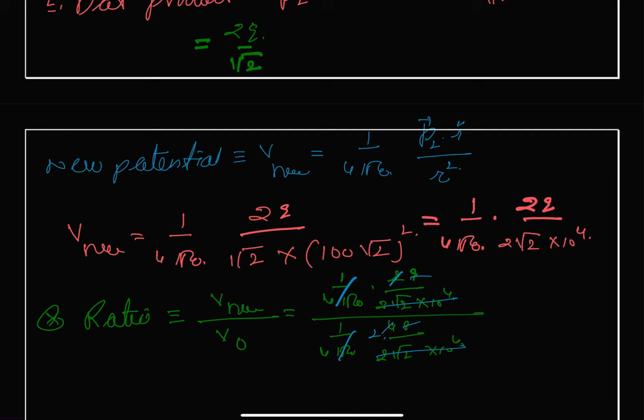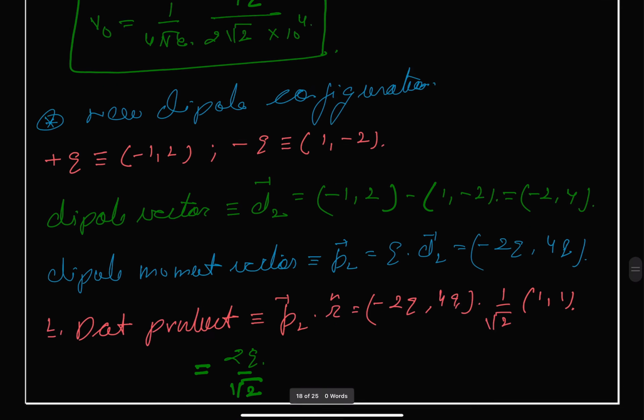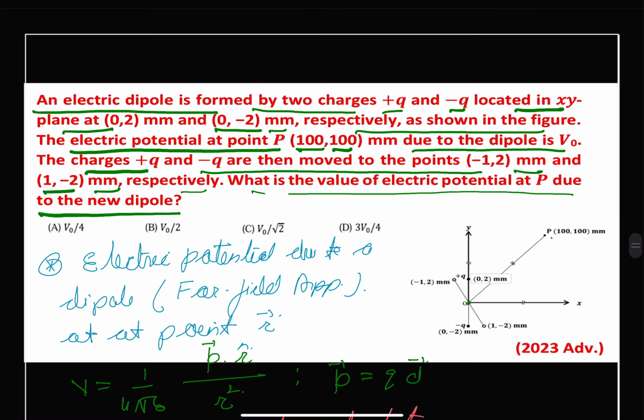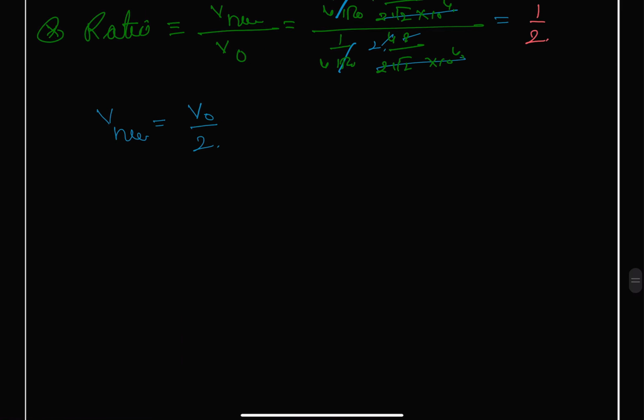So this will be equal to 1 by 2, or we can say new potential V new will be equal to V naught by 2. That is option B is correct.